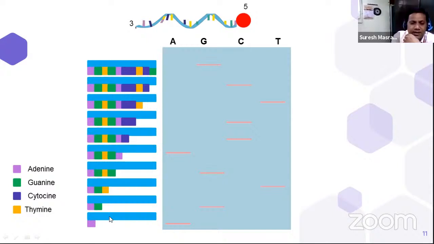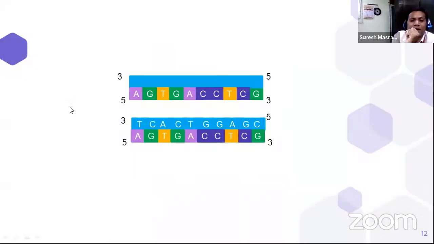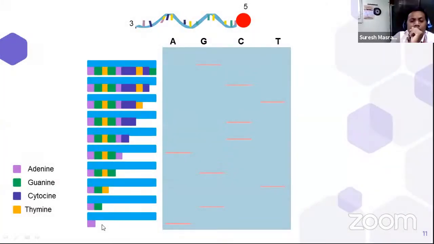Thus, here this blue strand indicates our single stranded DNA fragment, and this purple spot shows the adenine. Thus, adenine attaches with the single stranded DNA.